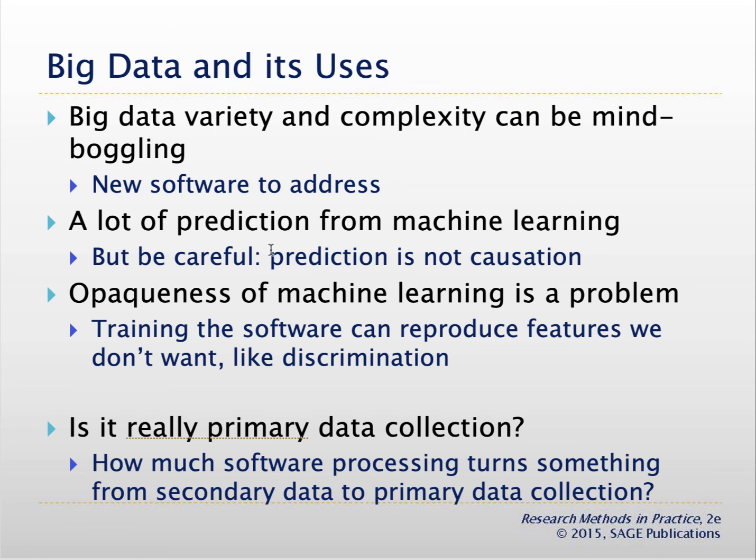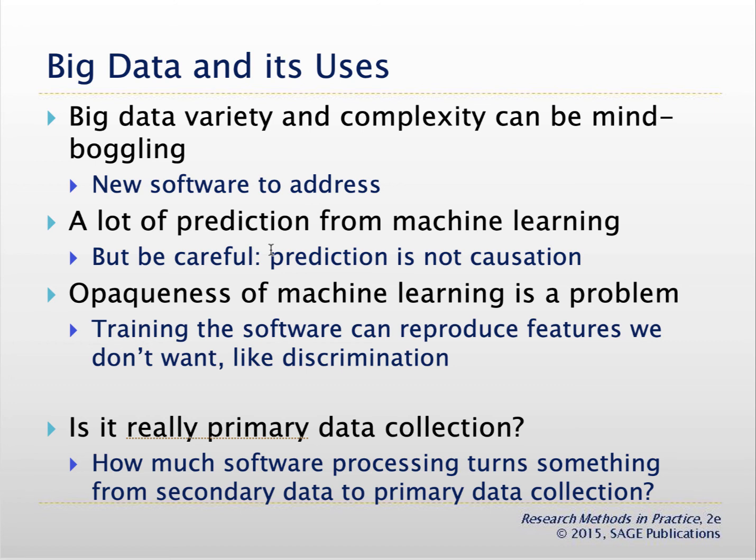So this is a really interesting and important area of work. We're going to talk about causation, and I'll recommend some works by Judea Pearl, but this is an important one. The opaqueness of machine learning is a problem.